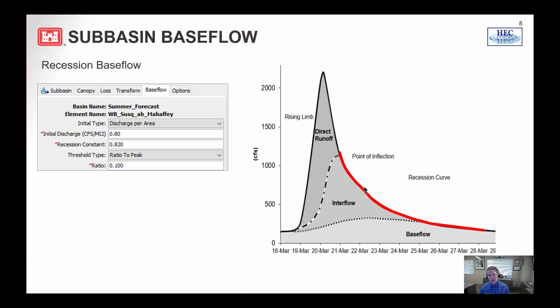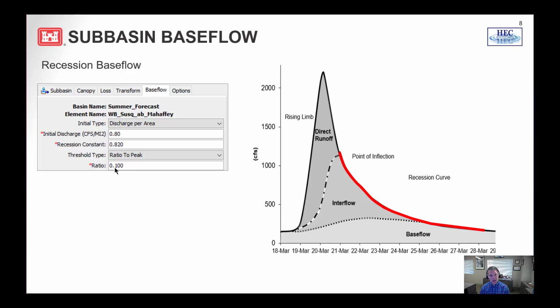And then the ratio to peak is when does that base flow curve turn on? And the ratio option is selected here. A value of 0.1 means when the ratio of the peak flow to the current flow is less than this ratio to peak of 0.1, then that base flow curve turns on.